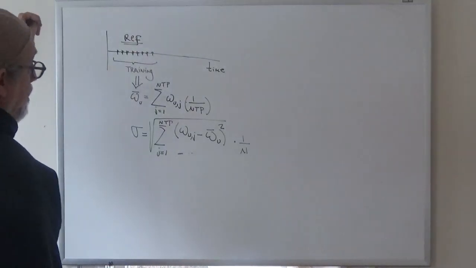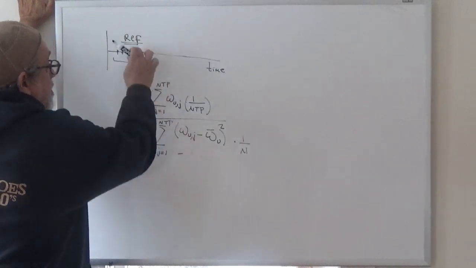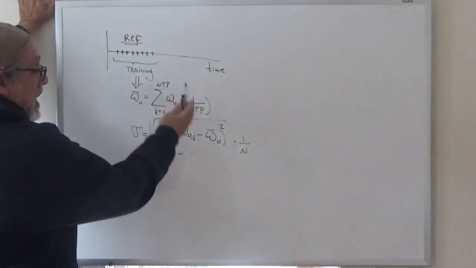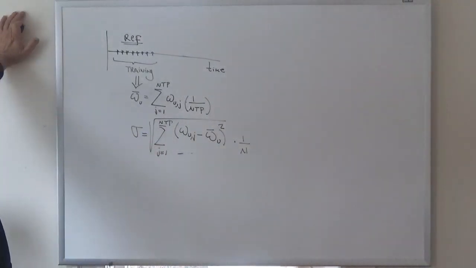Okay? So we take the difference between the samples and the mean, square it, add them all together, take the square root, take the average of that, that's the standard deviation.